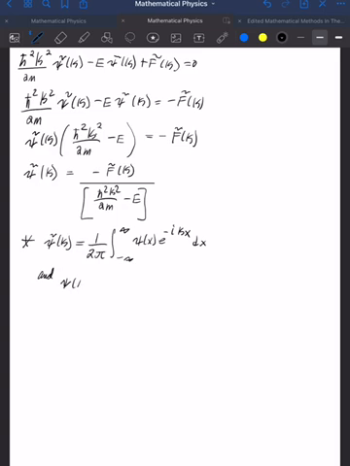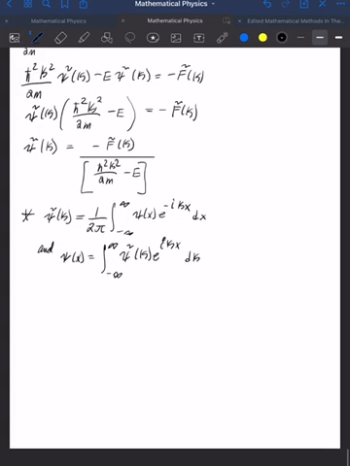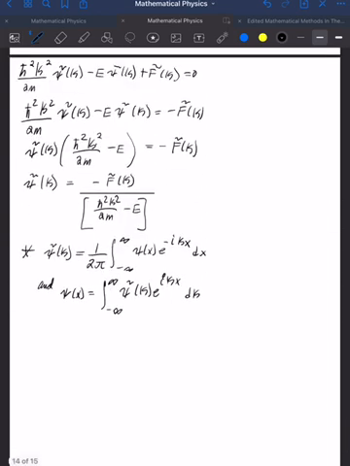And psi of x is equal to the integral from minus infinity to infinity of psi tilde of k e to the i kx dk. Right? So we can substitute for psi tilde of k.